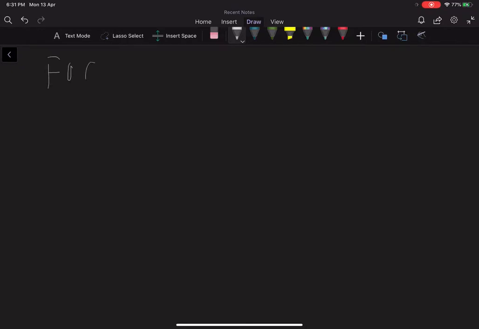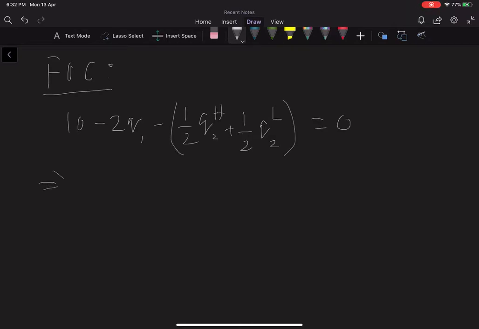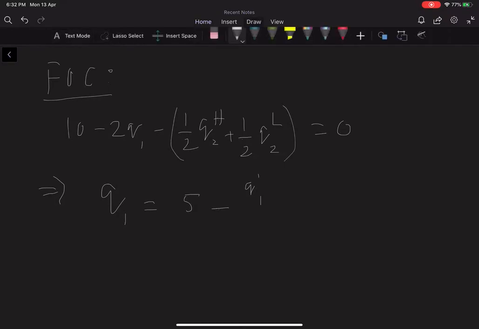The first order condition is 10 minus 2Q1 minus half of Q2H plus half of Q2L equals 0, which gives you Q1 equals 5 minus, sorry, not Q1, Q2H plus Q2L by 4. So this is the best response of firm 1.